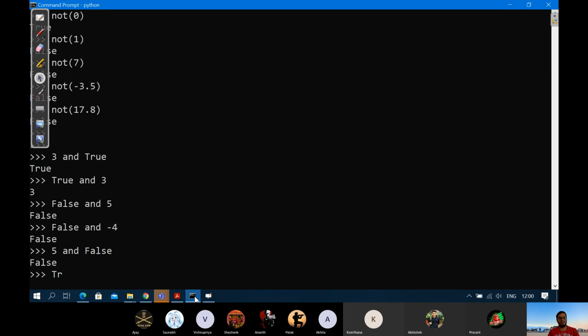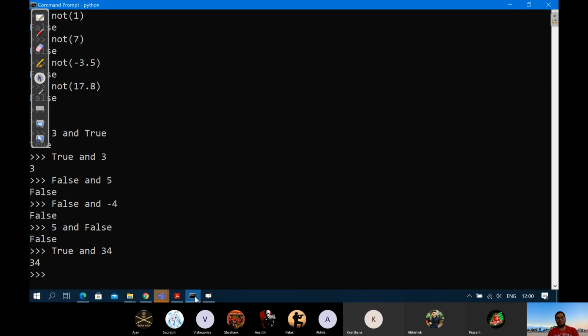But if one of them is true and another one is numeric, then it depends which one is the second operand. If the second operand is the numeric, then the answer will be that numeric value. If the second operand is Boolean, that means true, then the answer will be true.